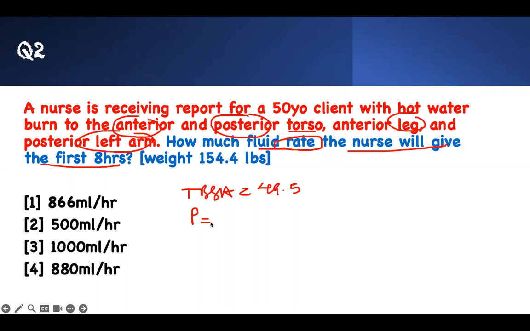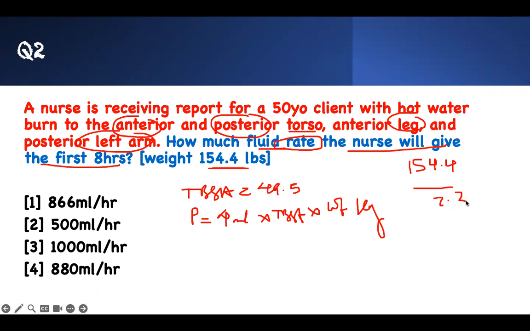The formula is 4 ml times the total body surface area times the weight in kilos. I gave you the weight in pounds. So 154 over 2.2, because that's the conversion between kilos and pounds. 1 kilo is 2.2 pounds.